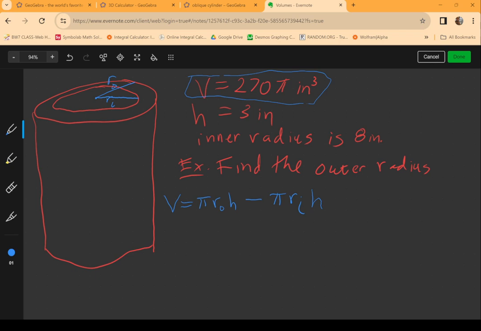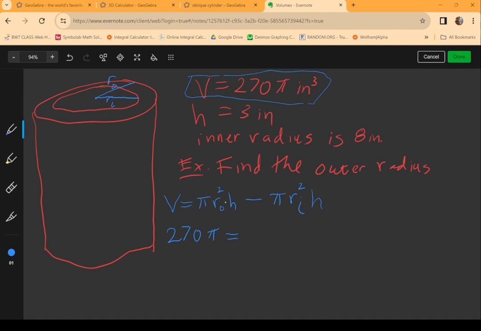All right, and now I'll plug in the quantities that I know. I know that the volume is 270 pi, so I'll just substitute it. Pi is a constant, so pi stays pi.